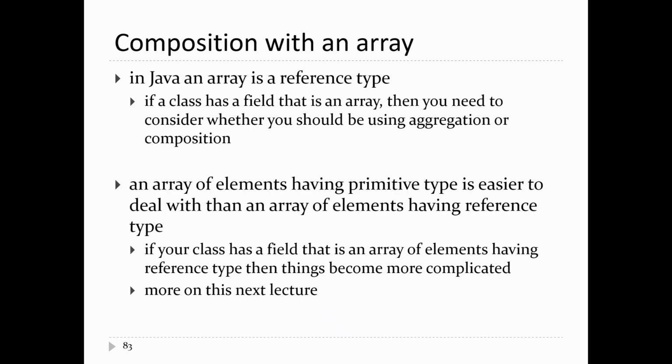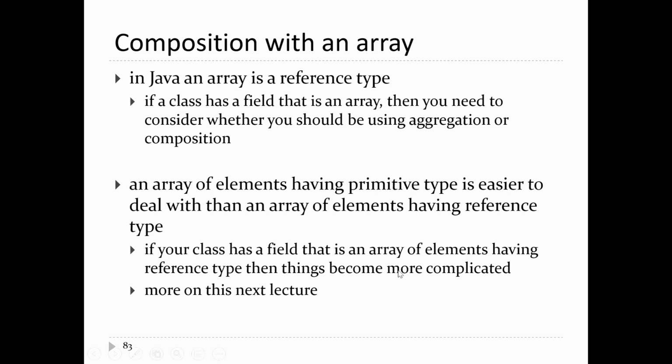Okay, all right, so composition with an array. In Java, an array is a reference type. So if a class has a field that is an array, you need to consider whether you should be using aggregation or composition. Now, if you have an array of primitive type, that turns out to be easier than working with an array of reference types.